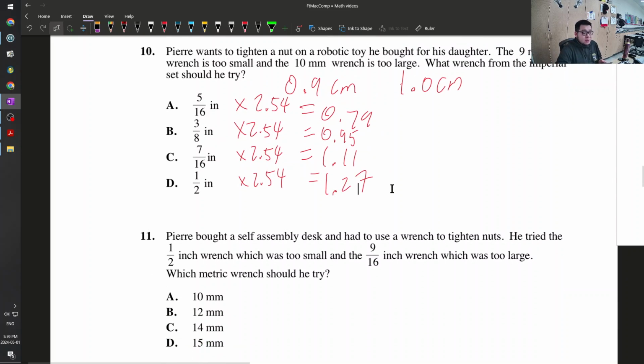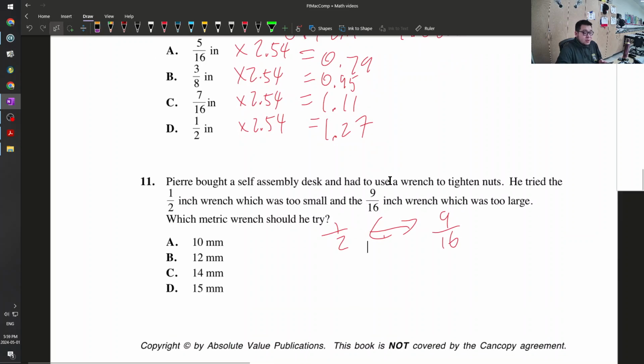Okay, same idea. 9/16 inches is too large and 1/2 is too small. So the distance must be between these two. So again, multiply each of these by 2.54.